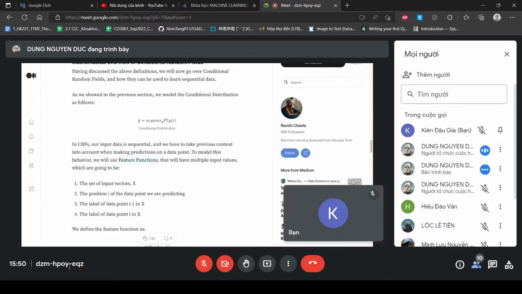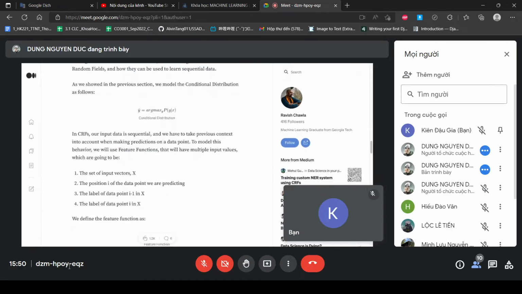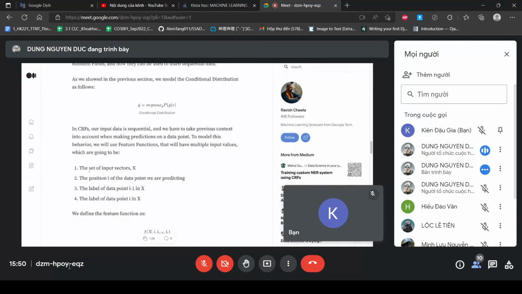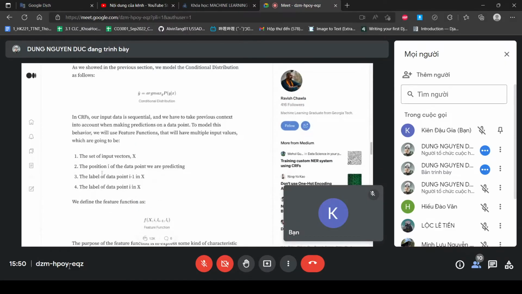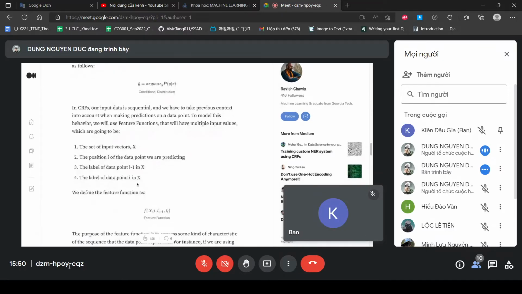It's a feature that has multiple values. The feature function receives the input vector x, of course, the position of the data point, which is i, which position you are trying to predict, the label of the previous data point, i minus 1, and the label of data point i.